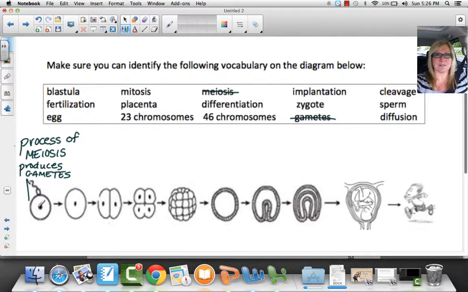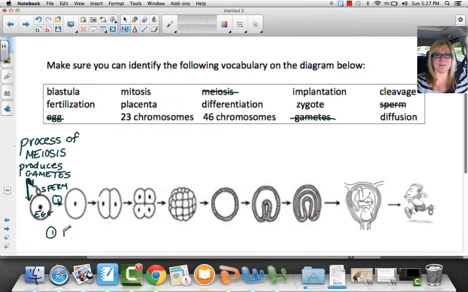And this is the egg, and this is the sperm. So gametes, it's these two right here, are sperm and egg. Then what happens is number 1 takes place. I'm going to label these.